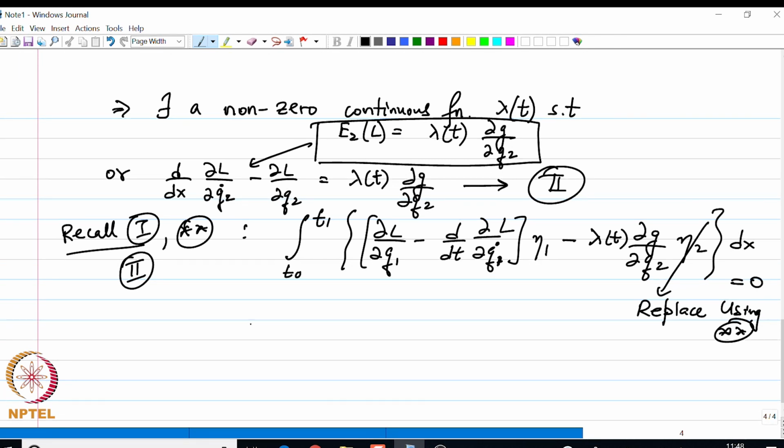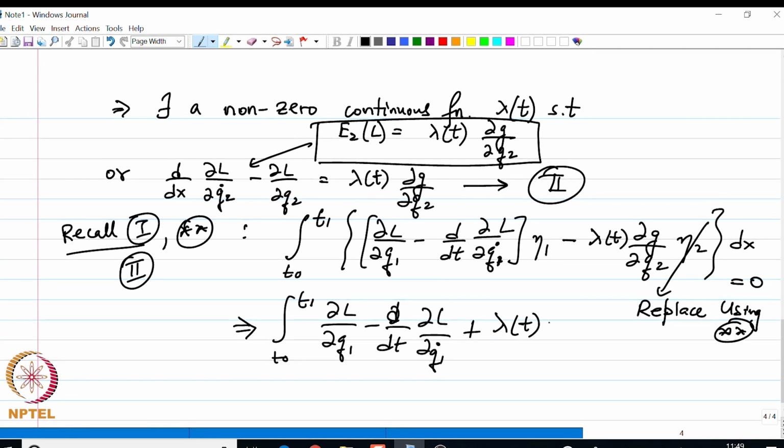So, from here I get the following condition: the integral from T0 to T1 of del L del Q1 minus d dt of del L del Q1 dot plus lambda of t del G del Q1, times eta 1, is set equal to 0.